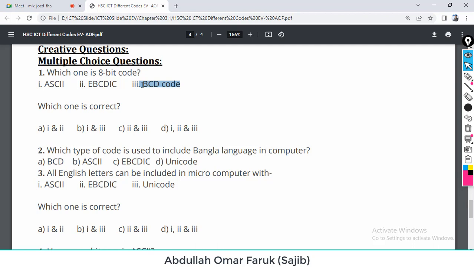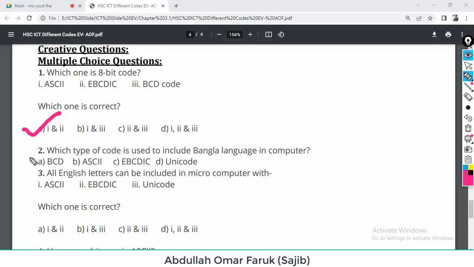No, BCD has 4 bits, 4 bits binary for each and every digit. So what's the correct answer? A, B, C, or D? AB. 1 and 2 are correct. So this one is correct.